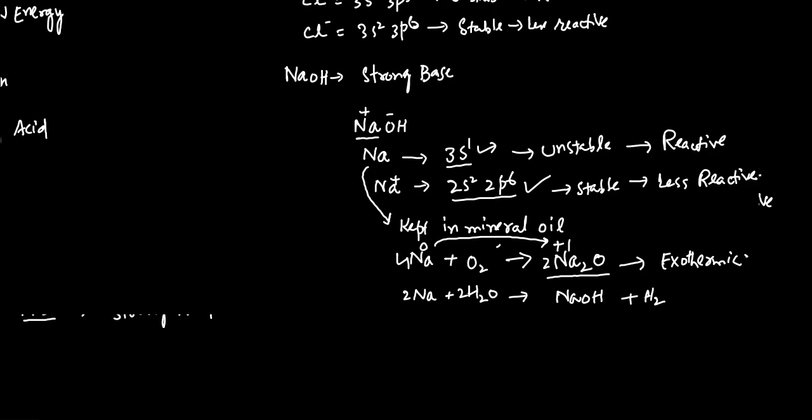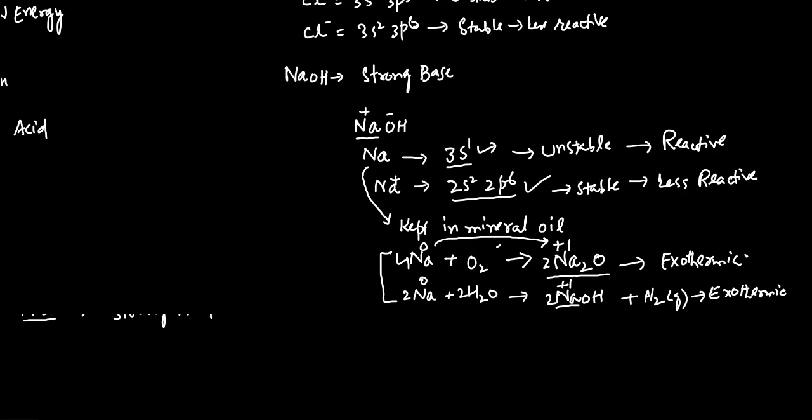Okay, so this is what we get when this reacts with water. You have a hydrogen gas here, and this is also an exothermic reaction, so the energy is released here. Both reactions mean that sodium changes its oxidation state from 0 to plus 1, and whenever it finds an occasion to get this oxidation state, it always uses it very smartly.